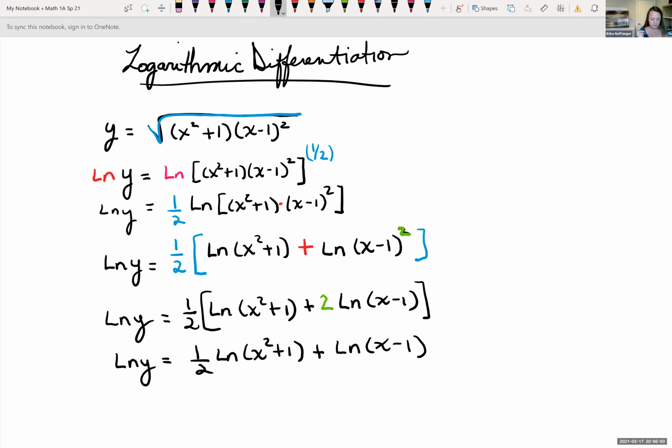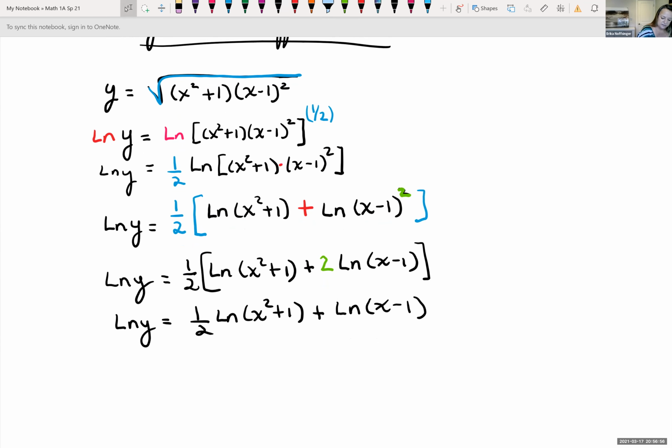Now let's take the derivative of both sides. We're going to use implicit differentiation, because notice we have a term y here. It's not just y equals. So now use implicit differentiation.